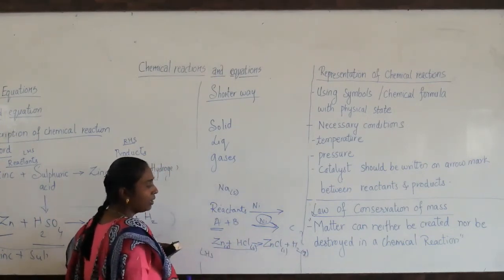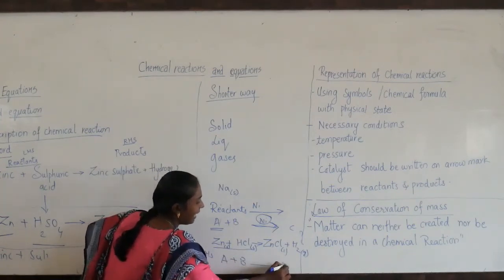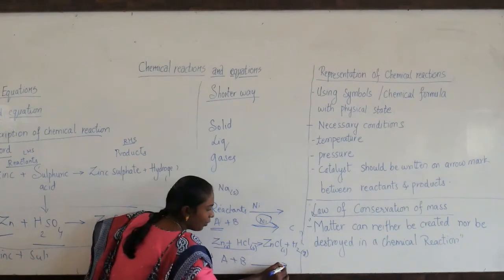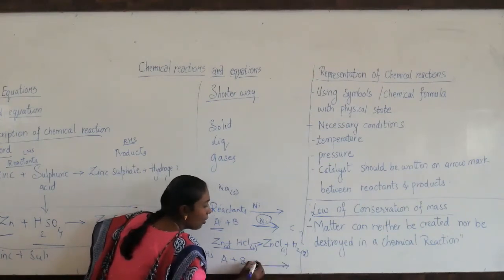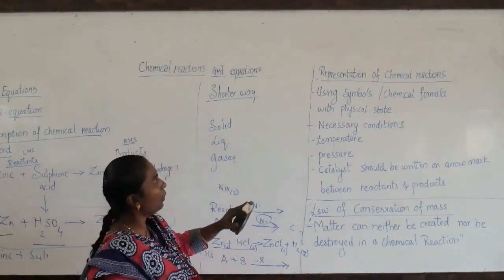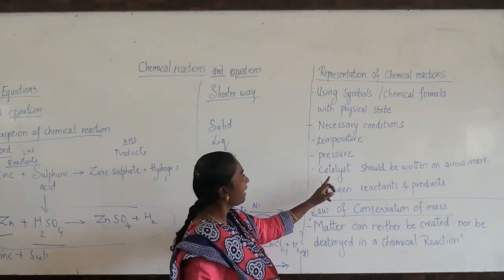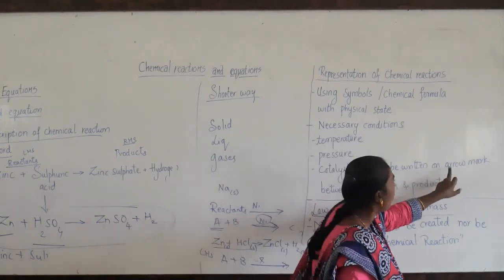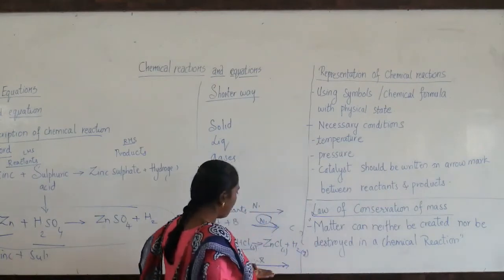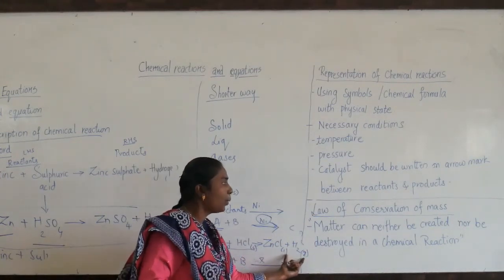With their symbols, in case A plus B, if you are using any catalyst, on the arrow mark for the products to be formed, you are supposed to write that catalyst. Are you getting me? So this is all about representation of chemical reactions. Catalyst should be written on the arrow mark between reactants and products.